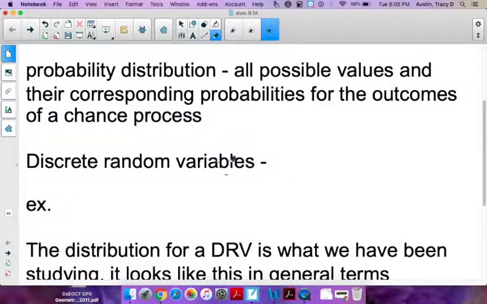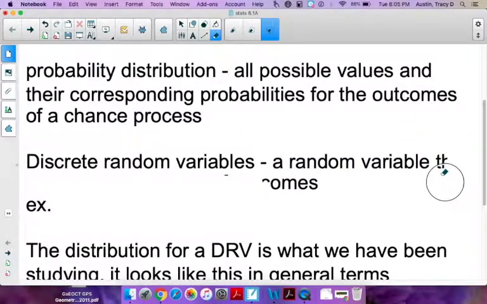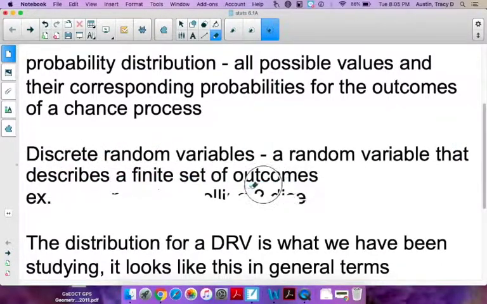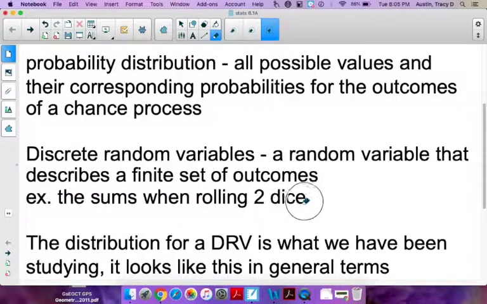All right, so discrete random variable. As I stated, discrete means that there's a specific number of outcomes. So imagine a random variable, basically a description, right? You're defining your probability. Imagine something that has a set number of outcomes. Flipping a coin has a set number of outcomes. It's heads or tails.